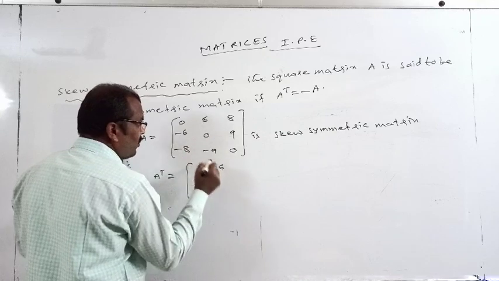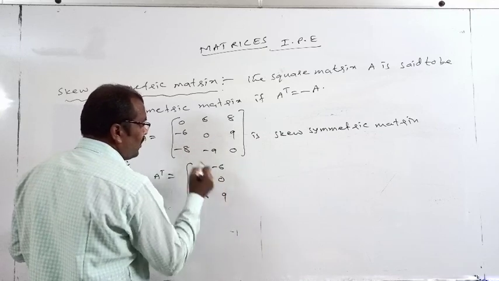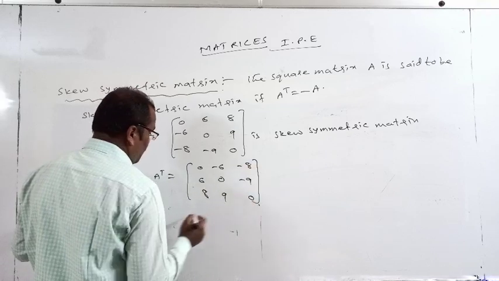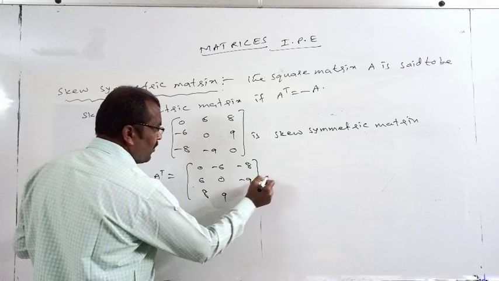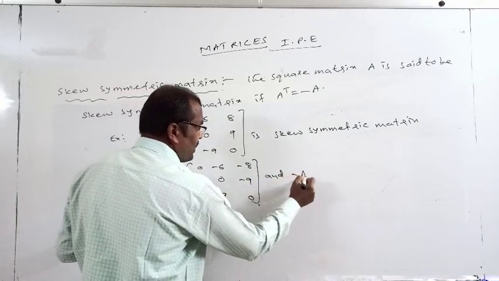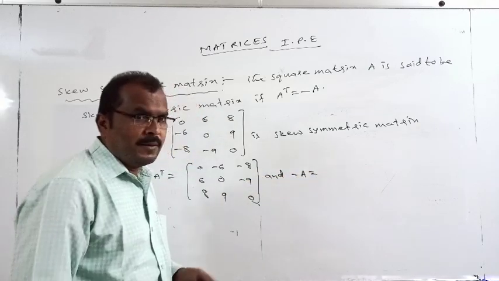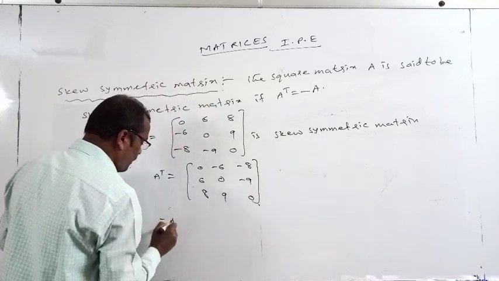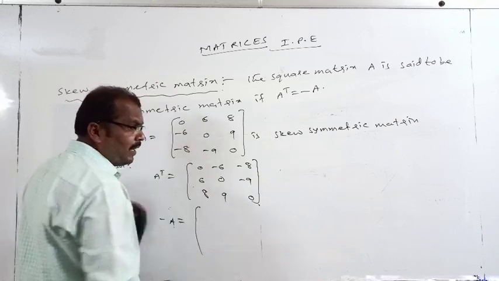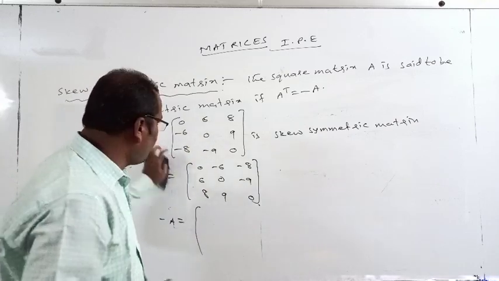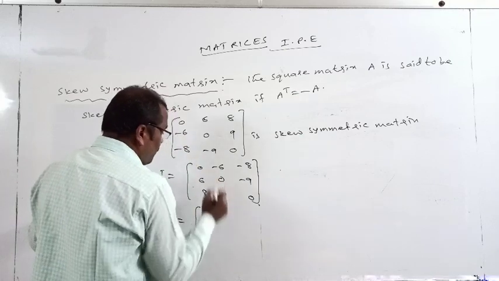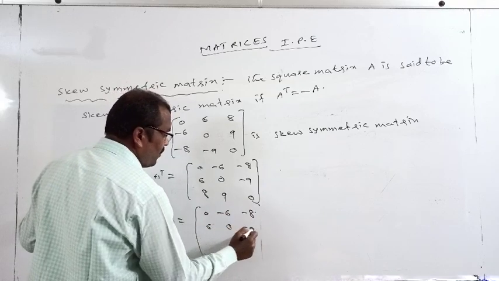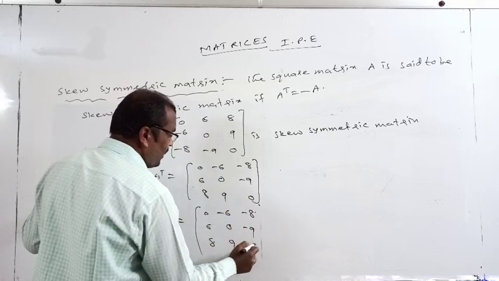So second row goes to second column, and third row goes to third column. And what is the meaning of minus A? Each element of A is multiplied by minus 1: 0, minus 6, minus 8, 6, 0, minus 9, 8, 9, 0.